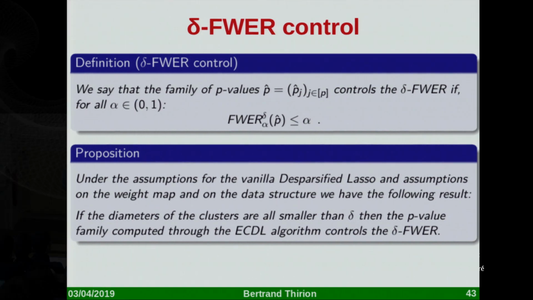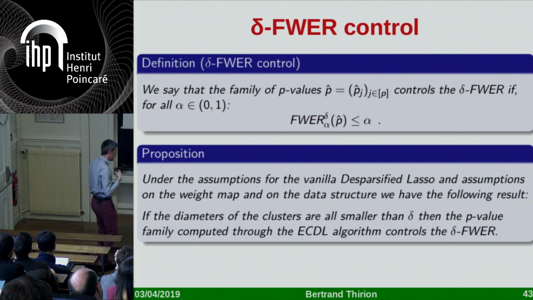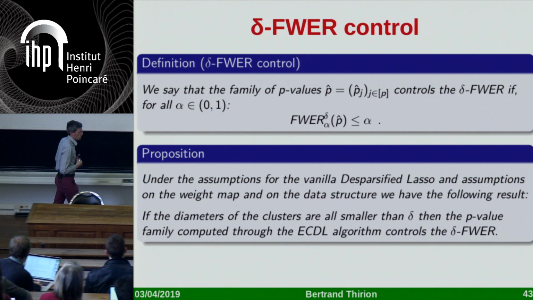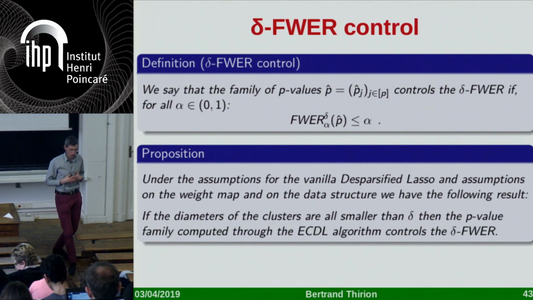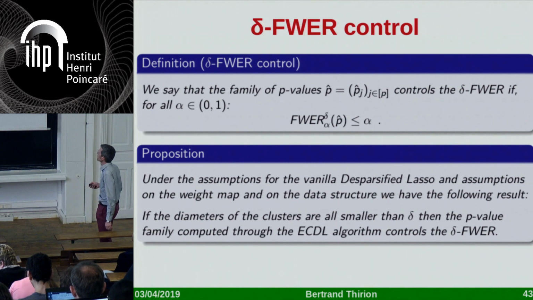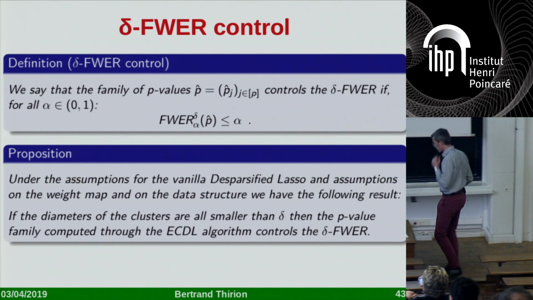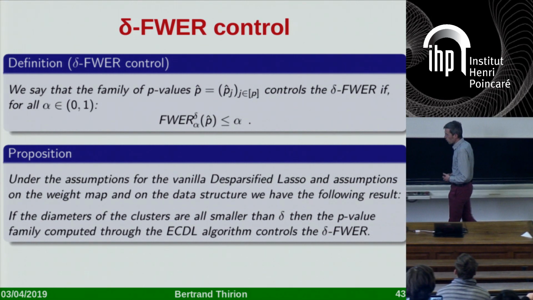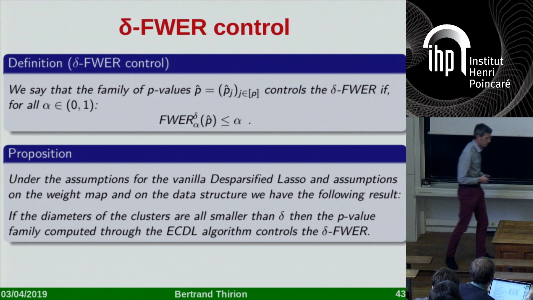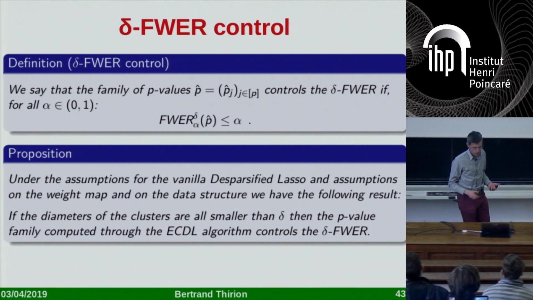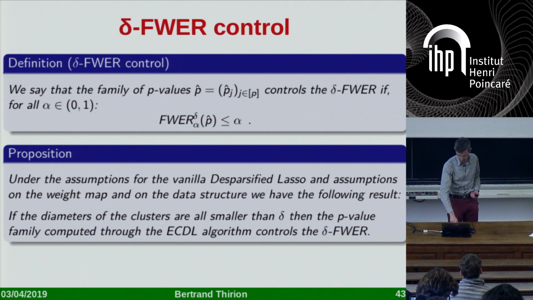And so the delta family-wise error rate is controlled if for each threshold alpha, we actually have the desired number of false detections, or less than alpha false detections. And the proposition is that the ensemble of clustered Desparsified Lasso, when it uses clusters with a diameter less than delta, controls the delta family-wise error rate, which kind of makes sense if the hypotheses of Desparsified Lasso are fulfilled.